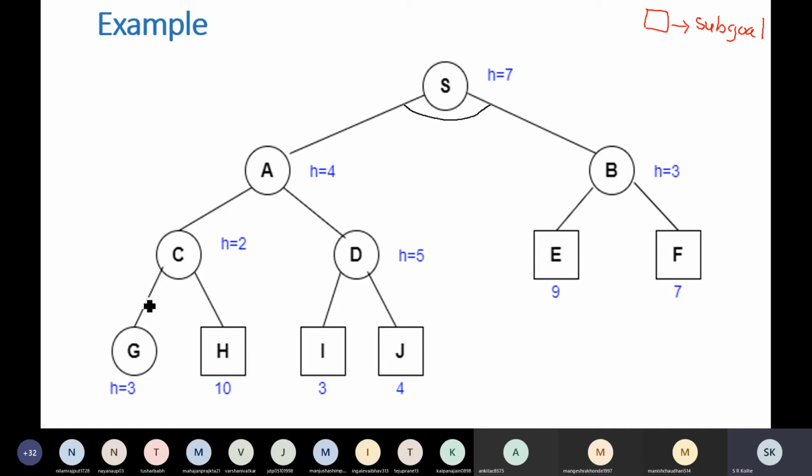This is also AND. This is also AND. And this one is OR, and this one is OR.